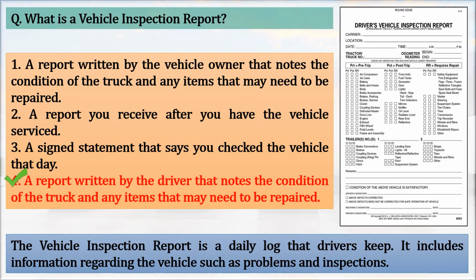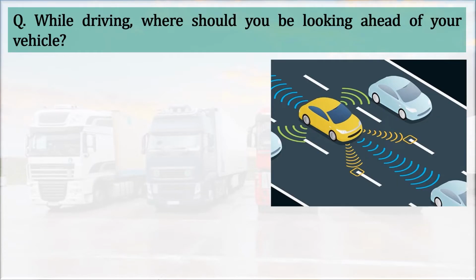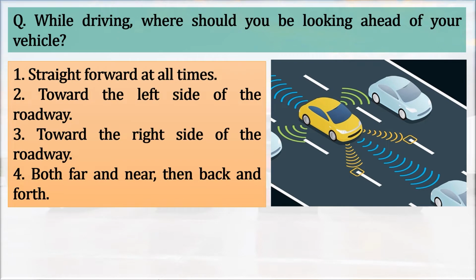The answer is option number 4, a report written by the driver that notes the condition of the truck and any items that may need to be repaired. Question: while driving, where should you be looking ahead of your vehicle? Option number 1, straight forward at all times.